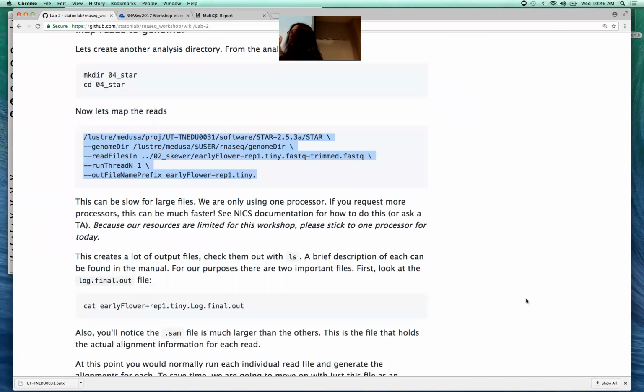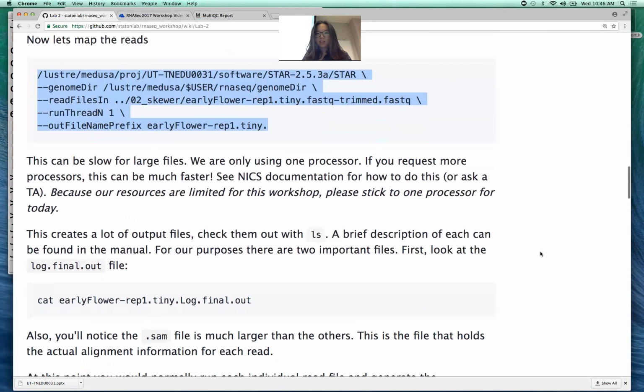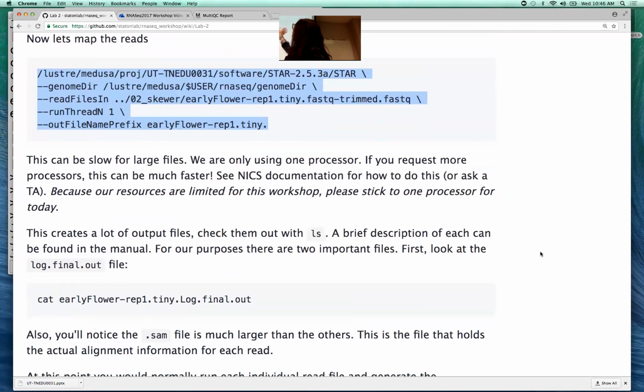So this command, I'll make it bigger. We are still using STAR, but with different options. We specify where our genome directory is, and the file in. So we put our FASTQ file in here.